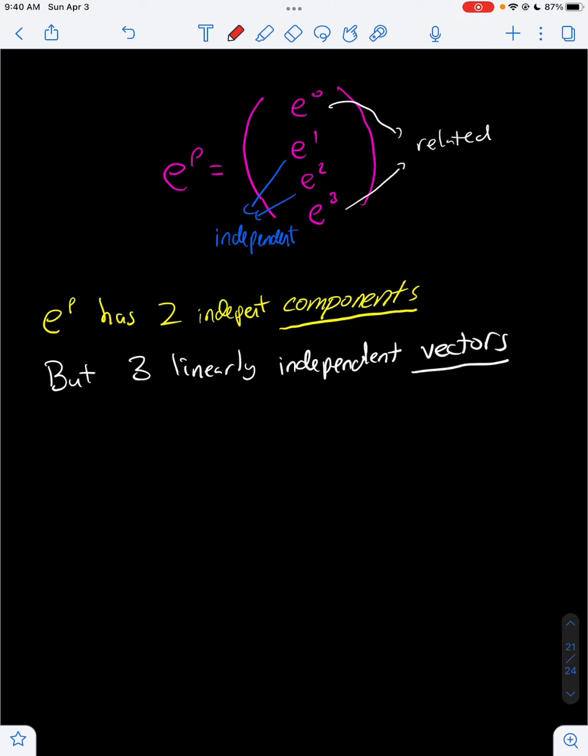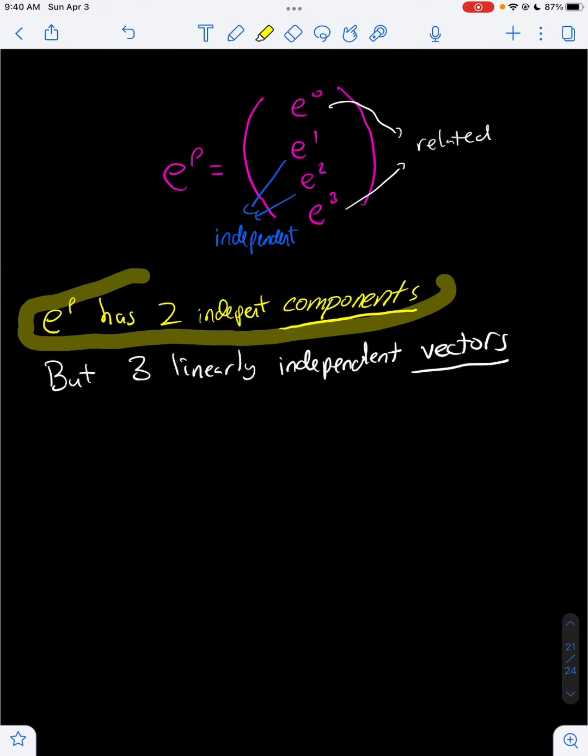So I actually looked a bit more into it, and I found that we were actually correct. E rho has two independent components. I misinterpreted something that I read.